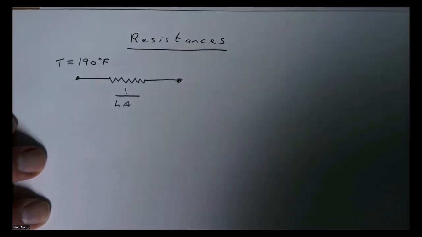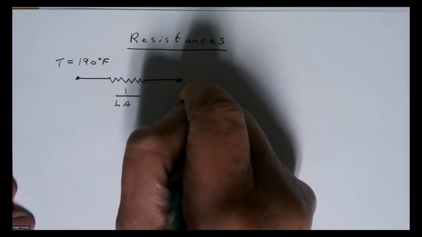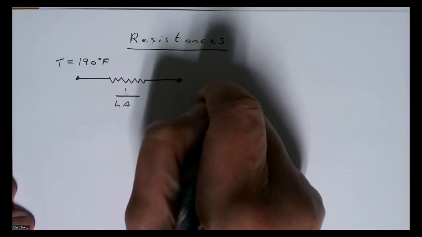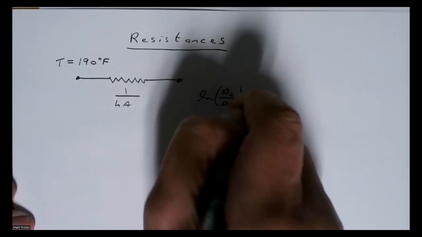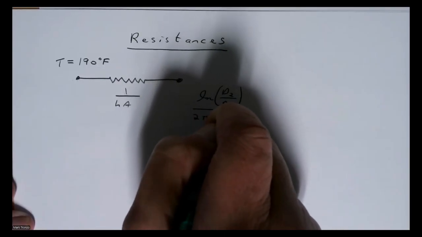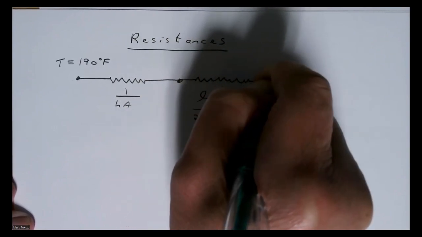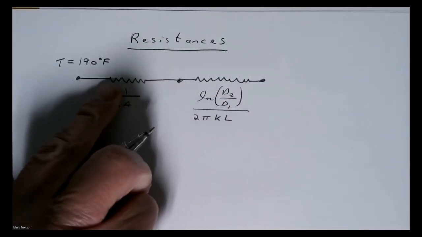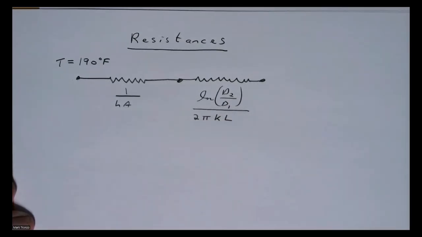Because that's a radial surface, the equation we use is log D2 over D1 divided by 2 pi K L. So the first is between the water and the pipe, and this one is through the steel pipe.